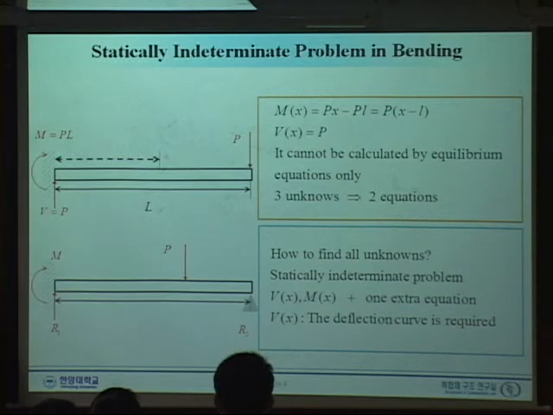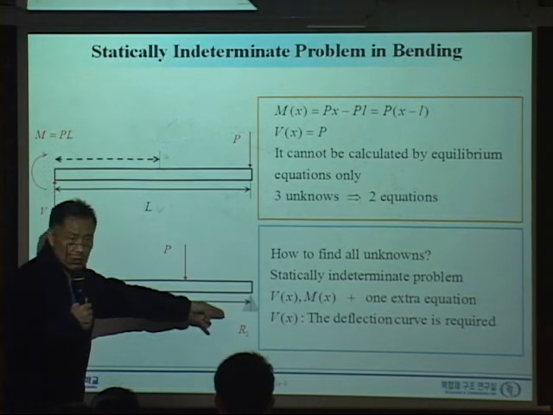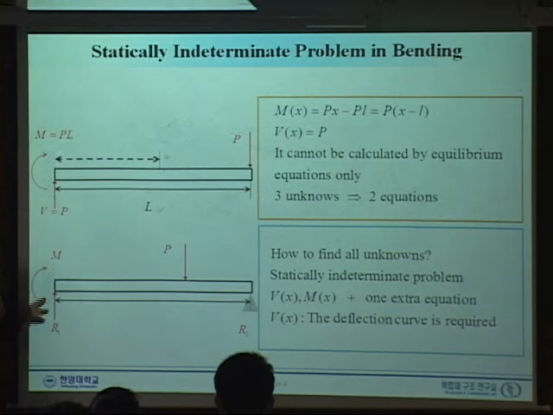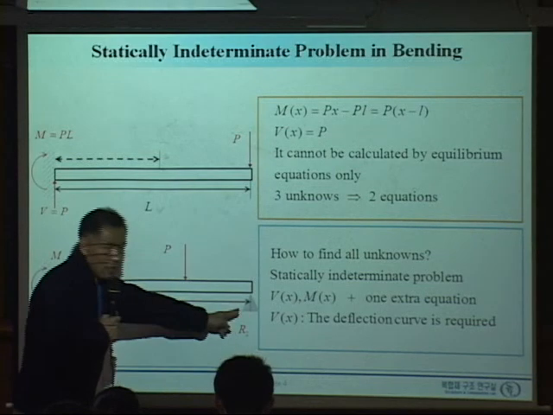We have more unknowns than equilibrium equations. For instance, we have a clamped end, and here is a simple support, and so we have a vertical force and bending moment, and here is the vertical force.